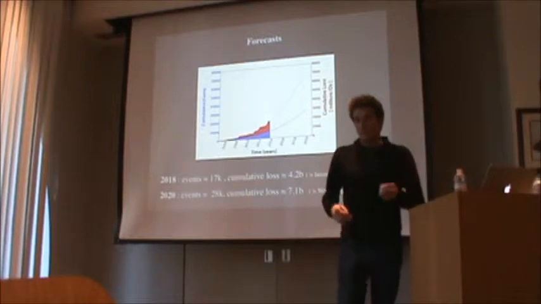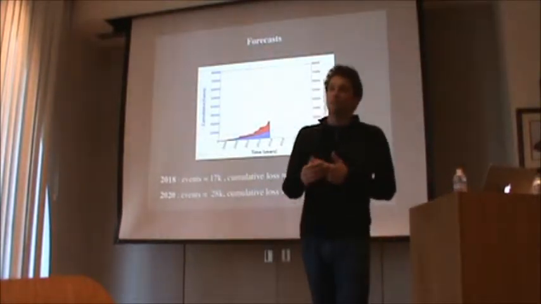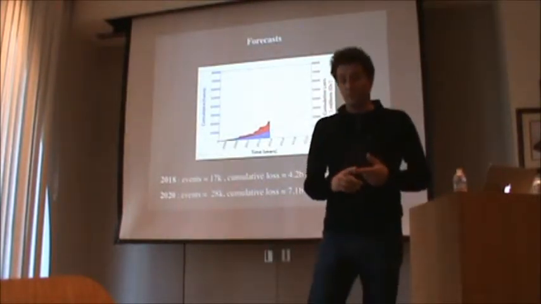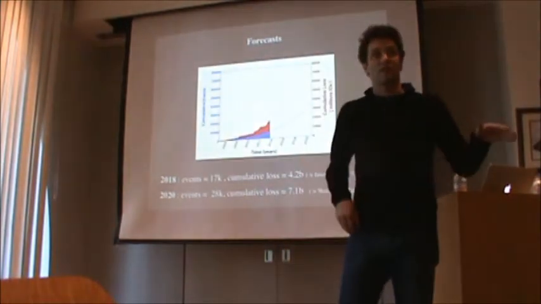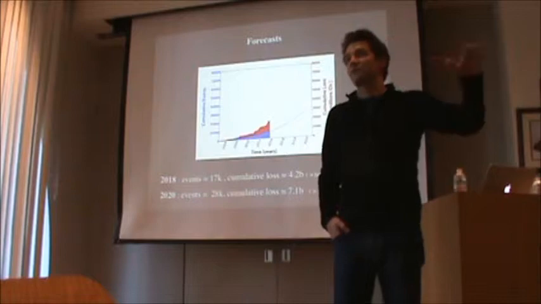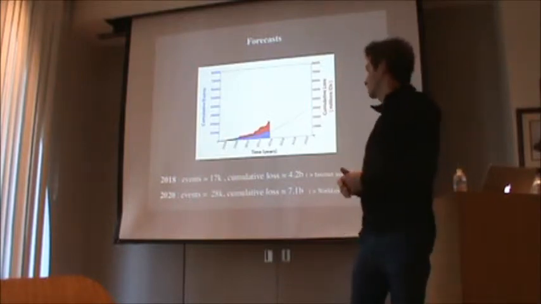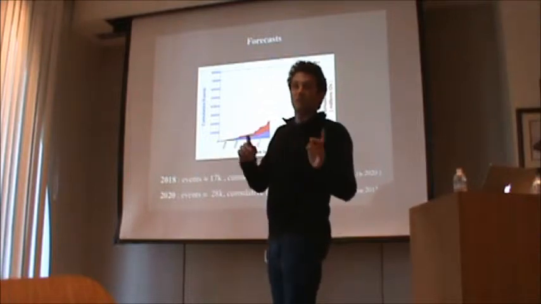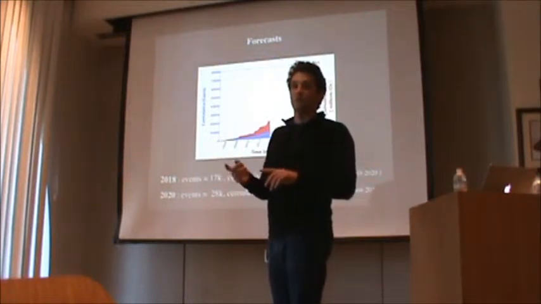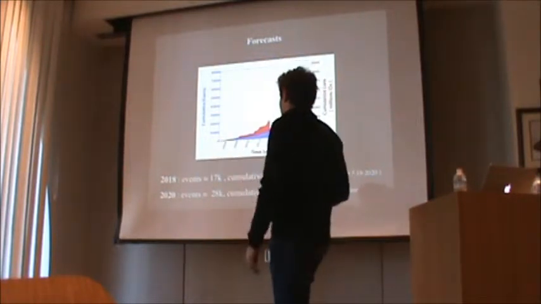And since the distribution is quite stable, and as you could see, the dynamics of cumulative events and loss is a very nice straight line, a very nice scaling, we can make some forecasts. Even though it's not as bad as the prediction says, it's frightening.